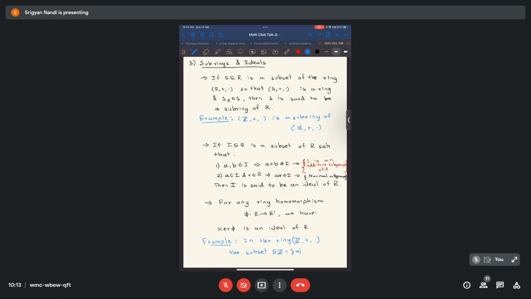So that is the set of a such that a lies in the integers and 5 divides a. So we're basically looking at 0, 5, minus 5, 10, minus 10, and so on. This set forms an ideal of the ring Z.